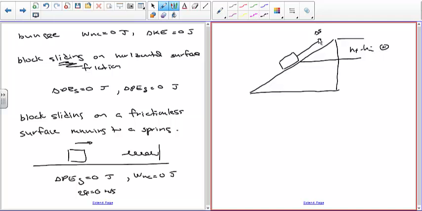So this block is going to slow down until it stops, or it's going to slow down to some value. Just like here, you can slow down to some value, but not necessarily stop.